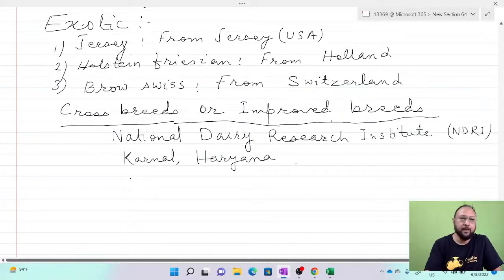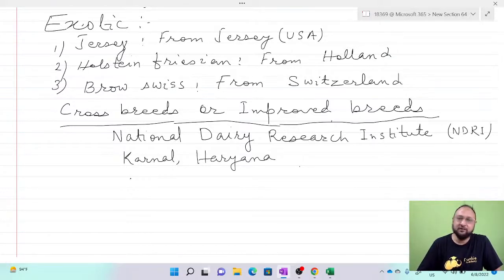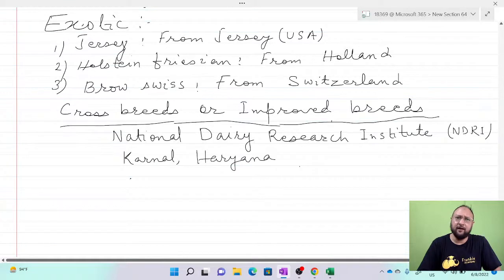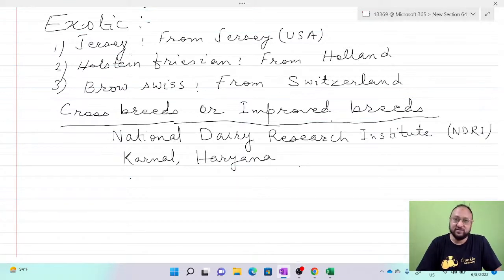These high milk yielding breeds have been developed through crossbreeding with exotic breeds. So some exotic breeds like Jersey, Holstein Friesian, and Brown Swiss. While we are crossbreeding the exotic and the indigenous, we are getting improved breeds.